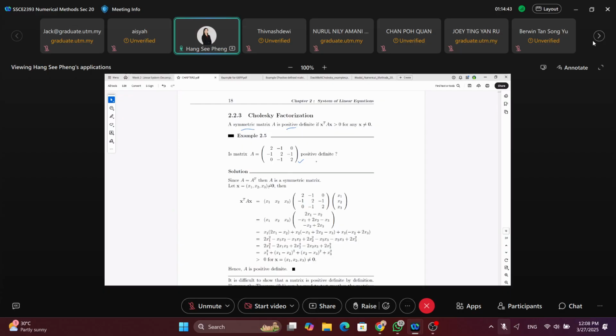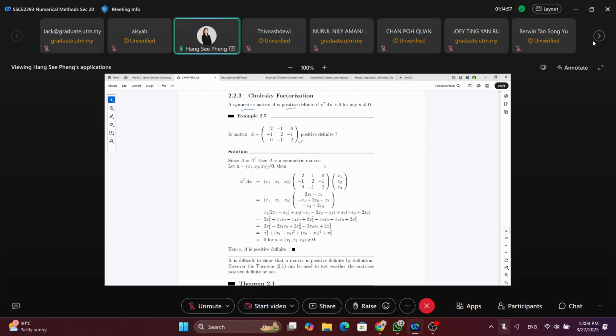Here x transpose, with x1, x2, x3, multiplied with the matrix A, multiplied with x again, and you have to prove that this is always greater than or equal to 0. So how to prove that? You can see in these steps: you have x1 squared, (x1 minus x2) squared, (x2 minus x3) squared, and this one is also squared. So these values should always be greater than or equal to 0.